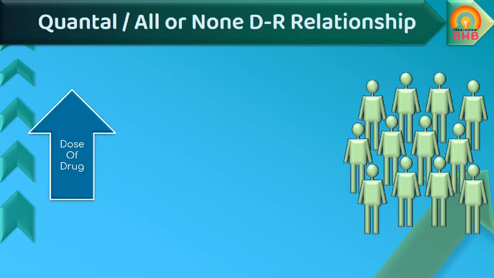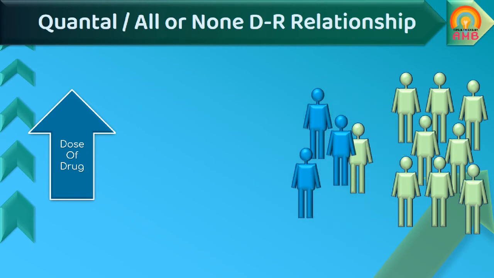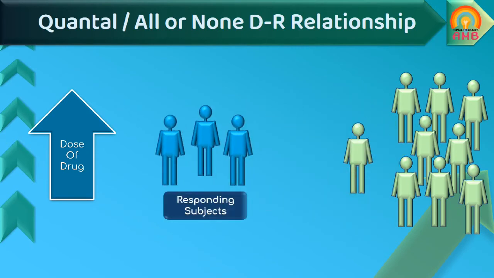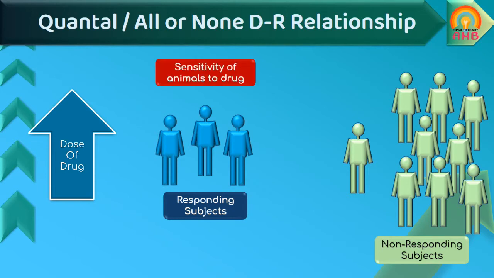If the specific response is generated in a subject under study, that subject is called a responding subject. The subject in which the response is not generated is called a non-responding subject. Thus, this relationship represents the sensitivity of a group of animals to the given drug under study.